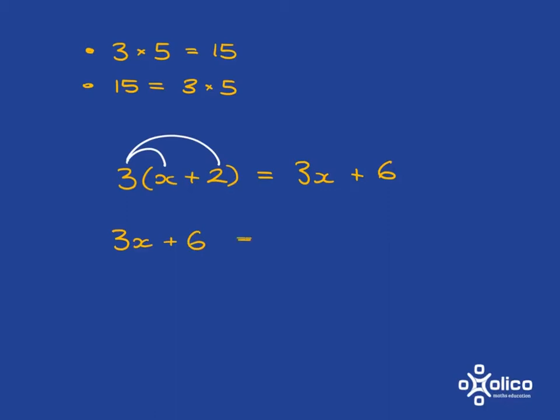And in this case, we want to turn it into two things that are multiplied together. And in this case, it'll be 3 multiplied by x plus 2. So what we have are two processes, multiplying out, and then the reverse process of multiplying out, which is called factorizing.